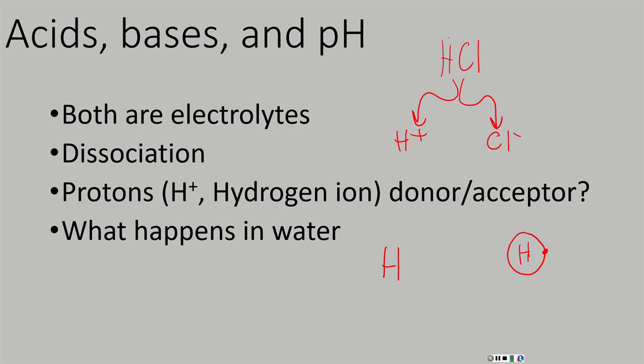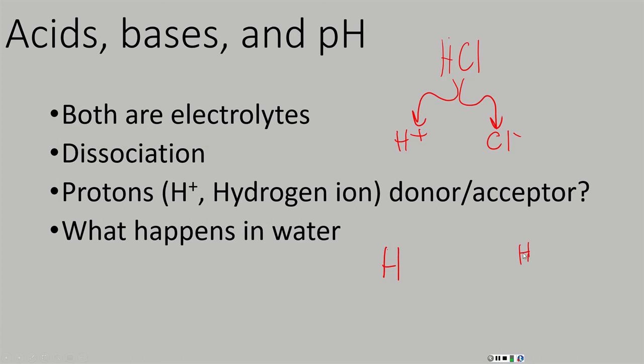What happens if something was to come along and take that electron? Well, the electron is gone, and along with it, that shell that it is in is gone. So all that we're left with is the proton.